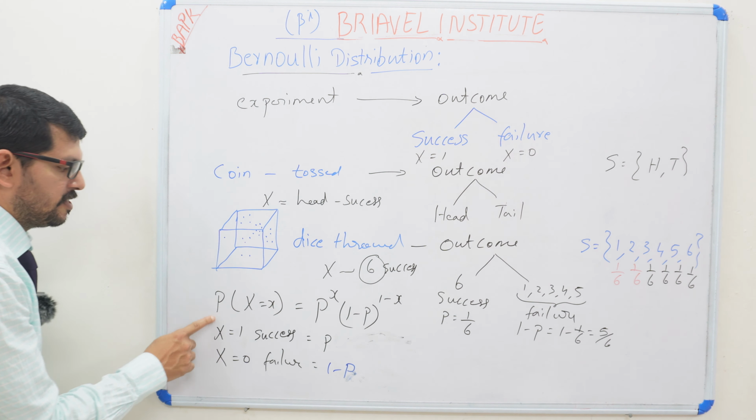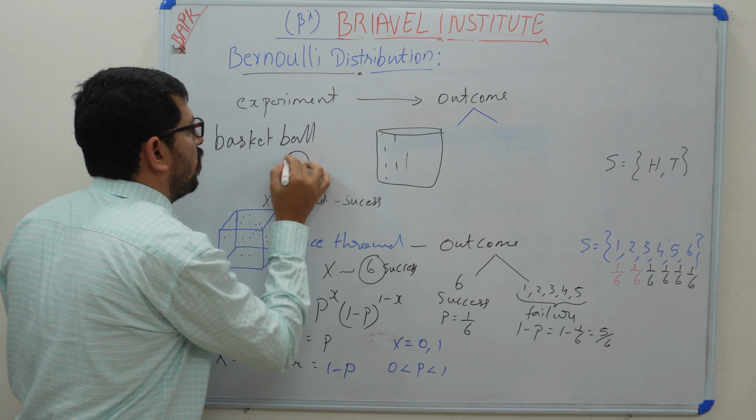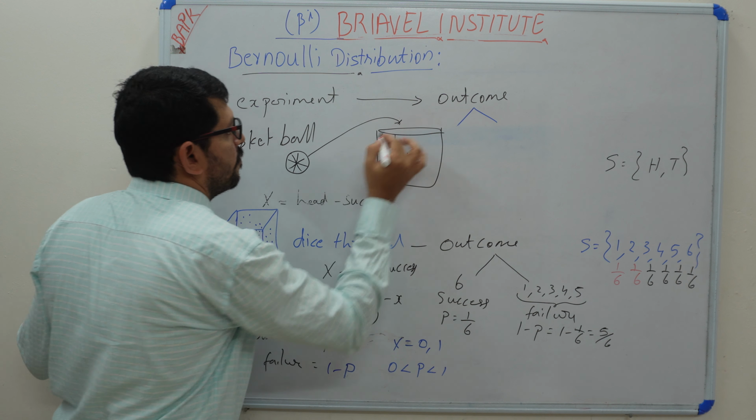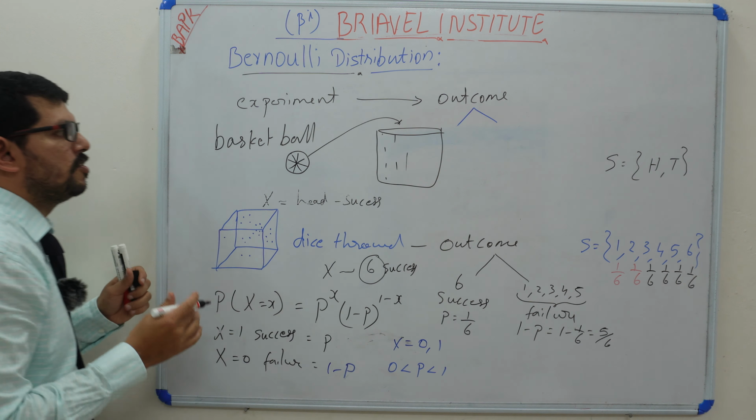They are putting the ball into the net. They are shooting this ball into this net. So what is the possibility that the ball thrown falls into the net? It is 0.6 possibility of success. We can write like that.